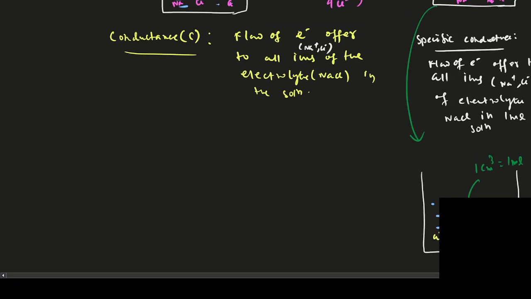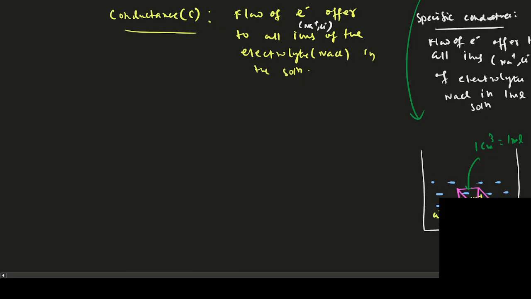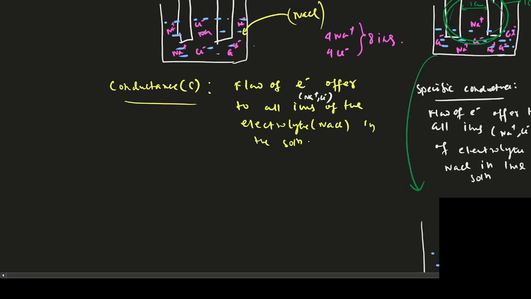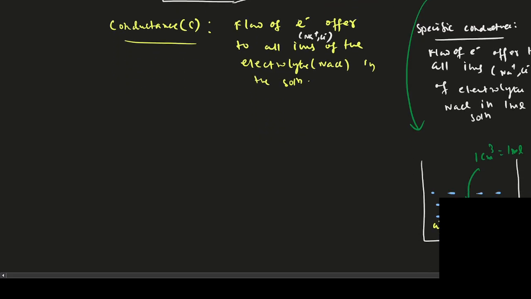So within this 1 ml of solution, how many ions are present? Taking the example of Na plus and Cl minus, within 1 ml of solution only 1 Na plus and 1 Cl minus has come, because these ions are homogeneously distributed.